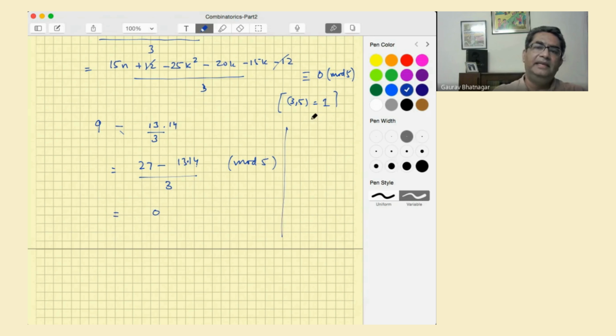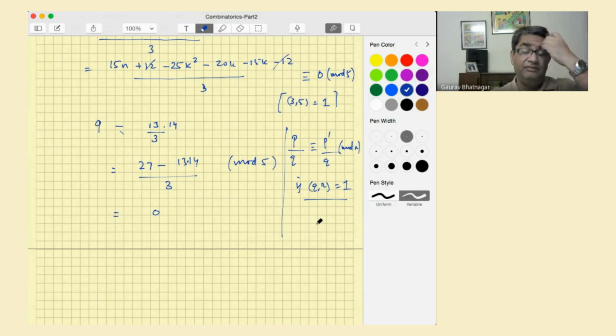Yeah, but there is this arithmetic. p by q is congruent to p prime by q mod r if q and r are relatively prime, and you can do the same thing. I've forgotten exactly what the justification of all this is, but it works out. And that's how we do modular arithmetic.